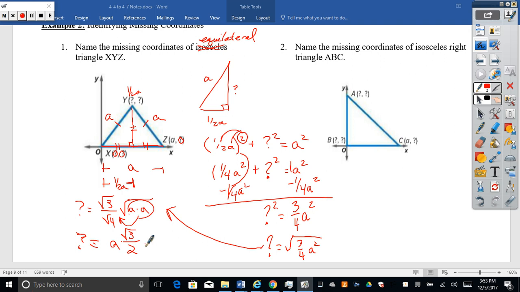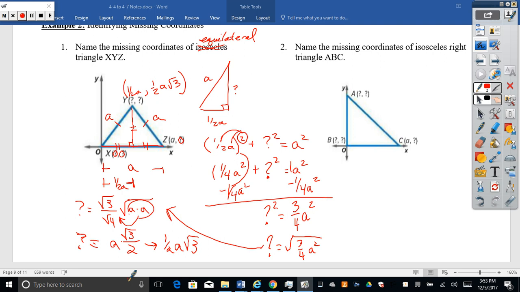If I write it like this, which is the exact same thing, it makes a little bit more sense, okay? So this length right here is going to be 1/2 a radical 3, and those two values right there give me the ordered pair. I'm going to go over half a, I'm going to go up half a radical 3, okay?